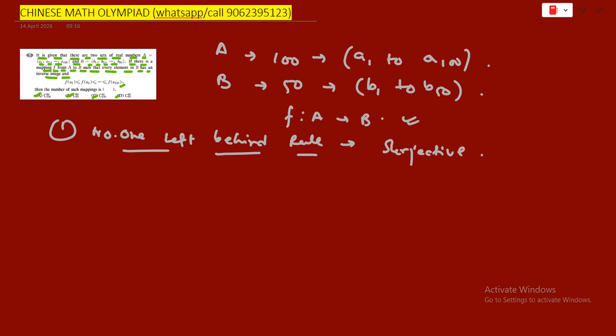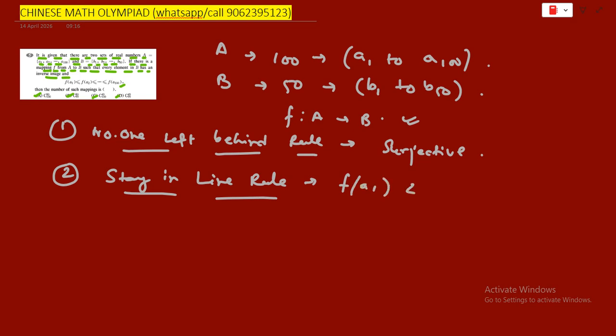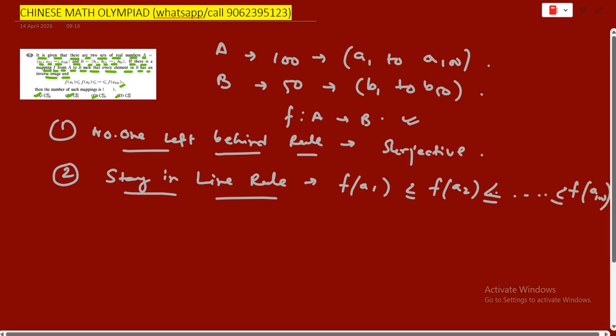Okay, and the second one is the stay in line rule. And this is f of a1 less than or equal to f of a2 less than or equal to, and this goes on, less than or equal to f of a100, right? So this means the mapping is non-decreasing.